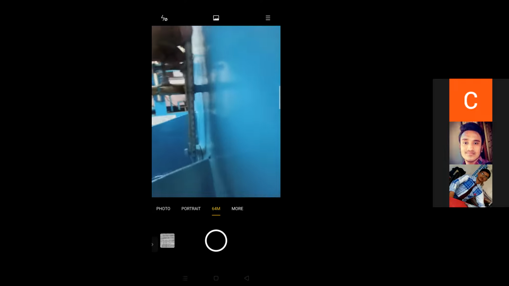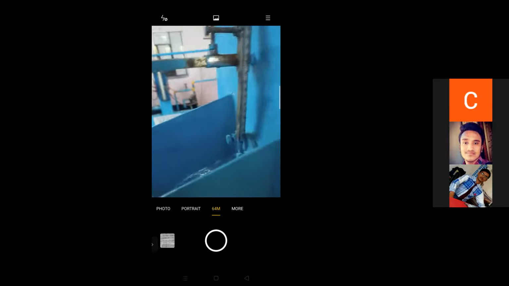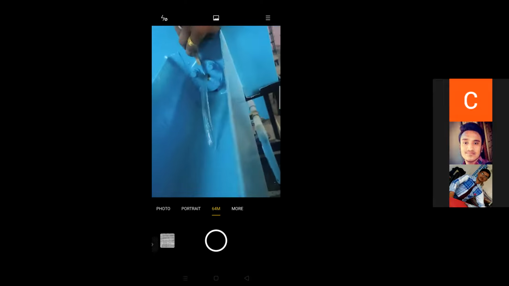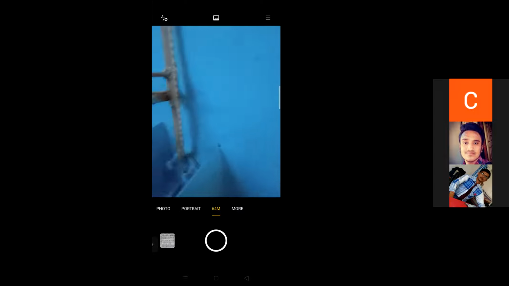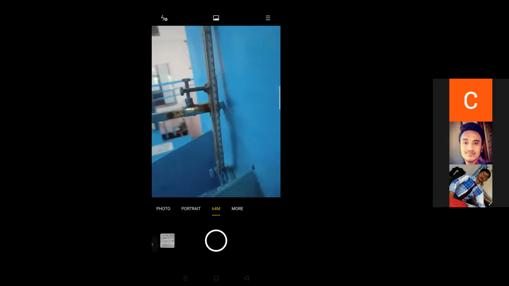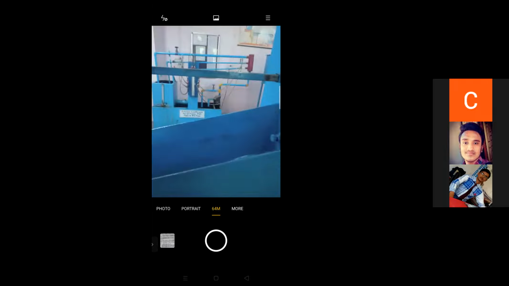Here you can see this is the pointer provided here. Now it is pointing at the upper surface of the jet. Okay, I will move it some more here.